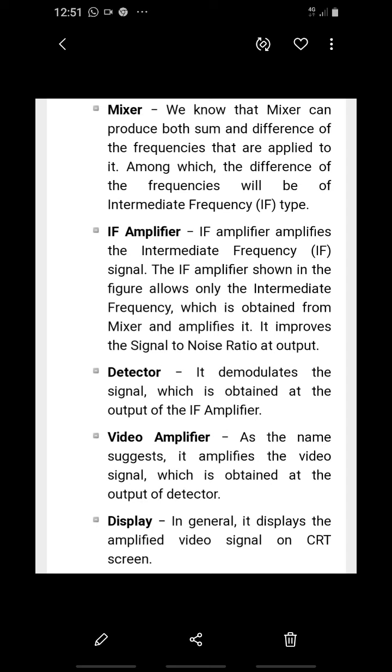Now the advantages of the pulse radar system. It is simple in design and operation. The second advantage, no need for accurate synchronization.